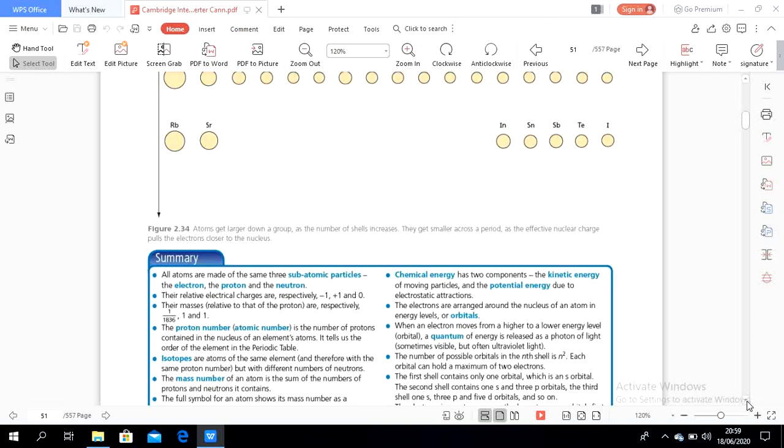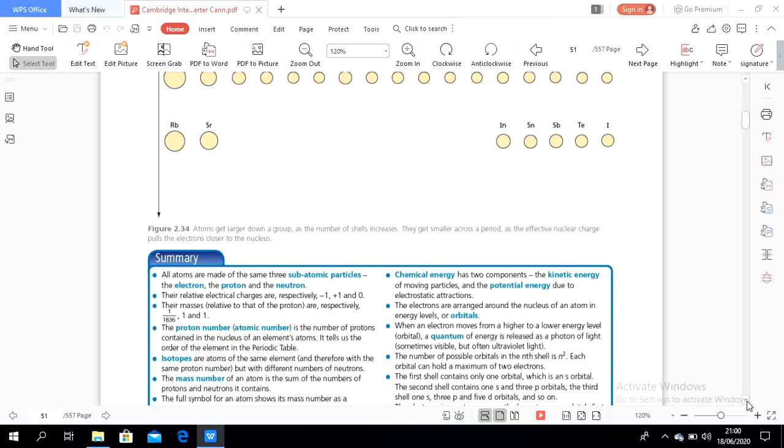Another exception is group 5 and group 6, because in this comparison the ionization energy decreases, which is against the general trend. And then the atomic radius increases down the group.